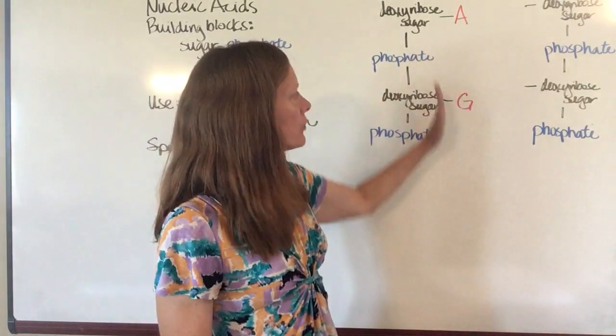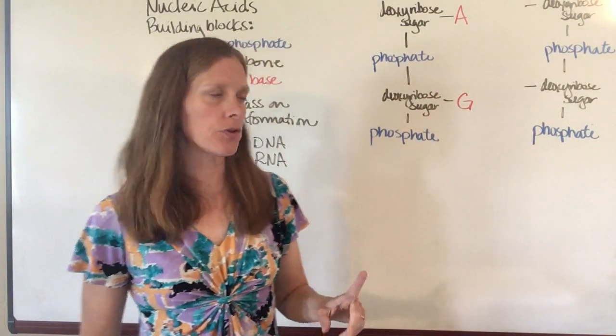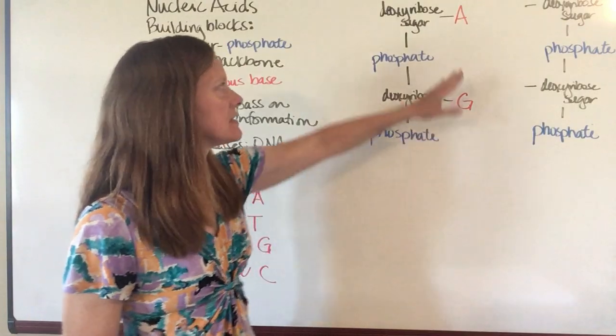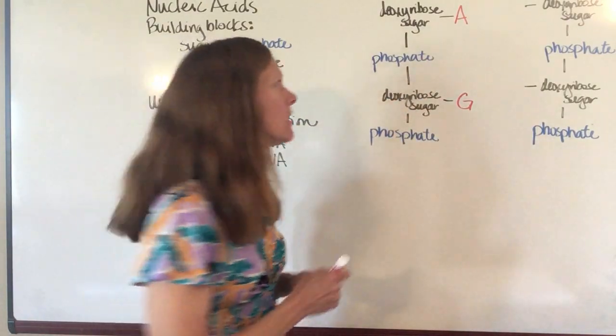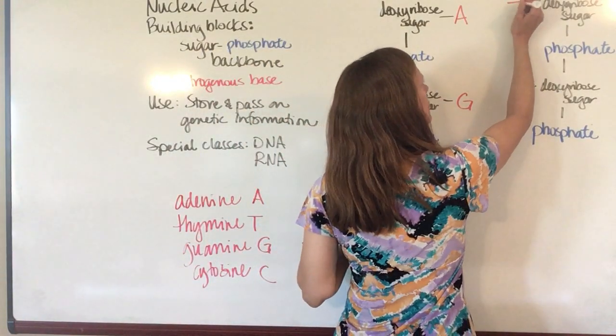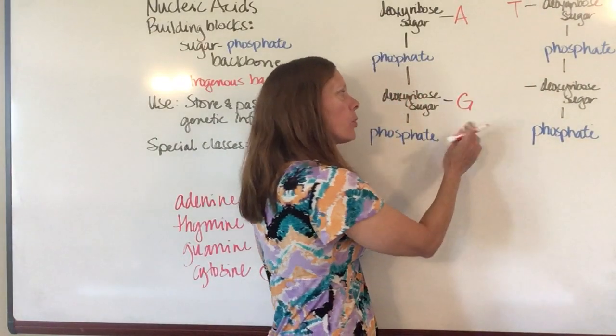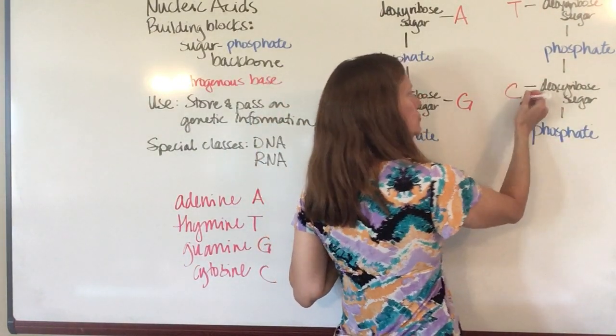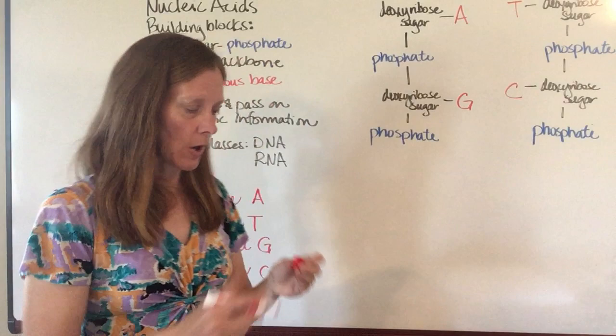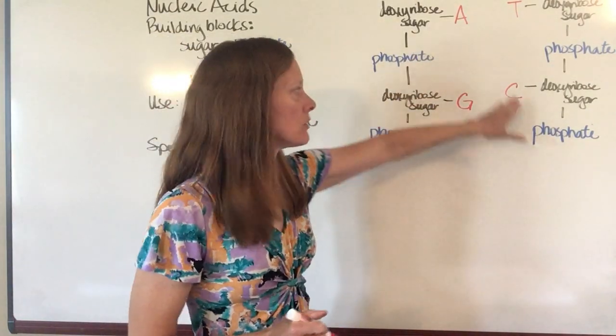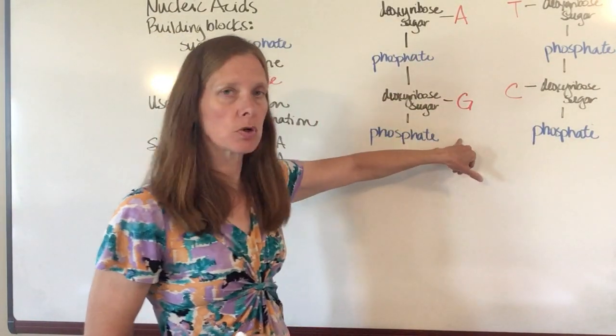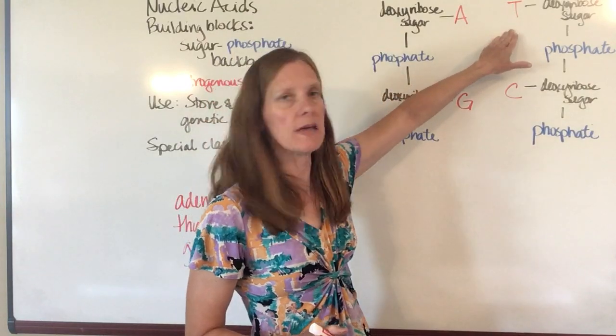But in order for these to hook together, adenine only pairs with thymine, and guanine only pairs with cytosine. So an adenine can't hook to a cytosine or a guanine, it can only hook to a thymine.